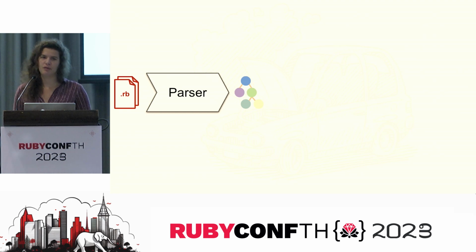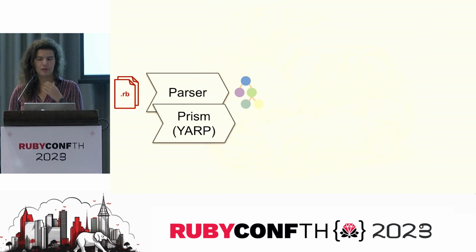Okay, so if you've been following Ruby News recently, you might have heard of another parser or seen code around it. It was formerly called YARP, so forgive me, please, if I refer to it as YARP. It's very much in my head as that. It's now called Prism. There have been several talks on it, and a lot of work done on it.